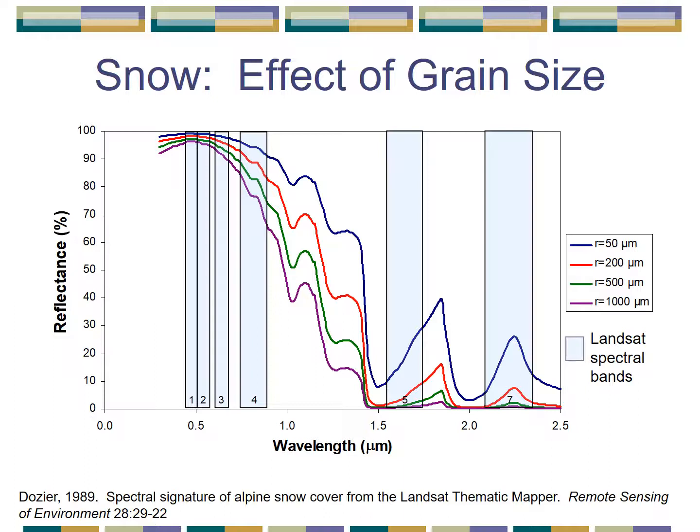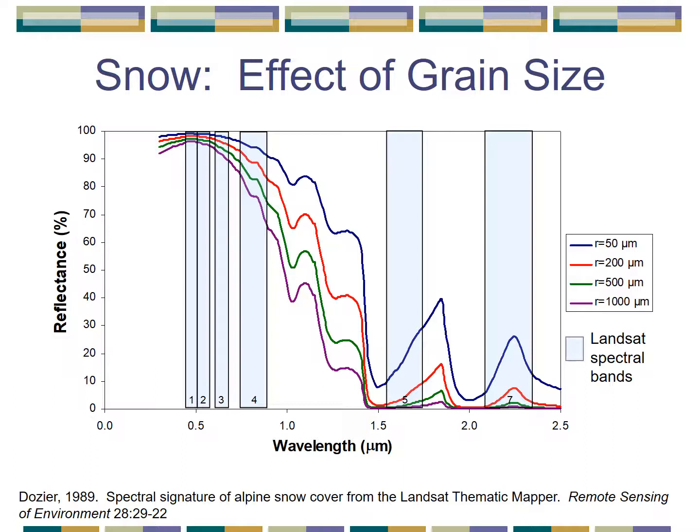If you look at these different measures of grain size, as the grains get bigger, less is reflected, more is absorbed in that near infrared and other areas.